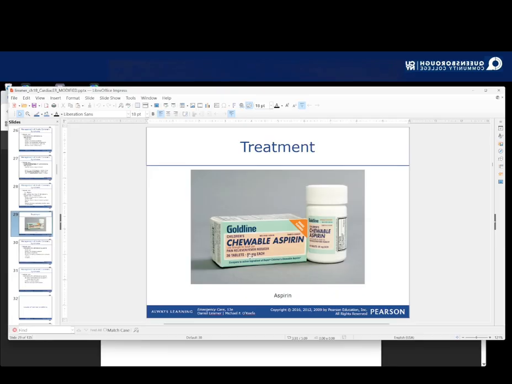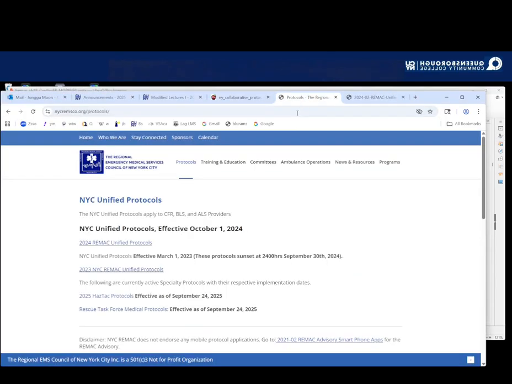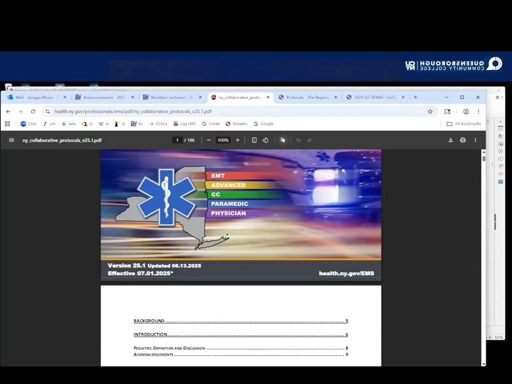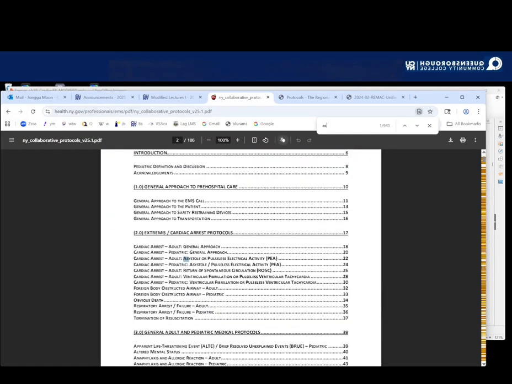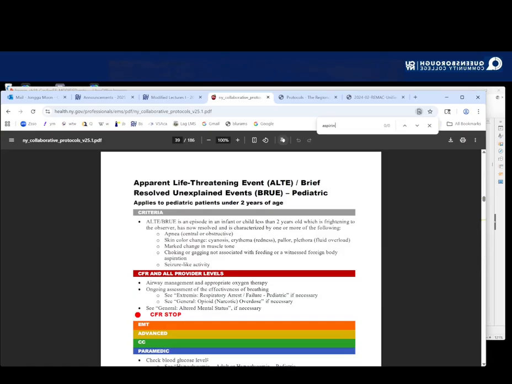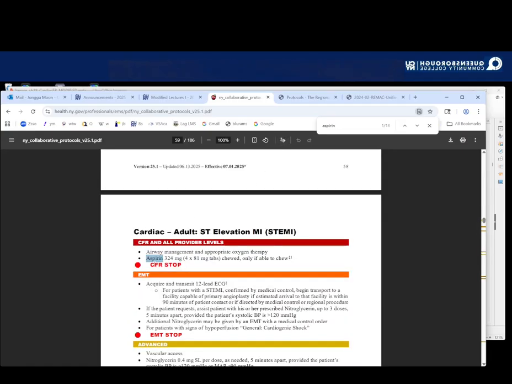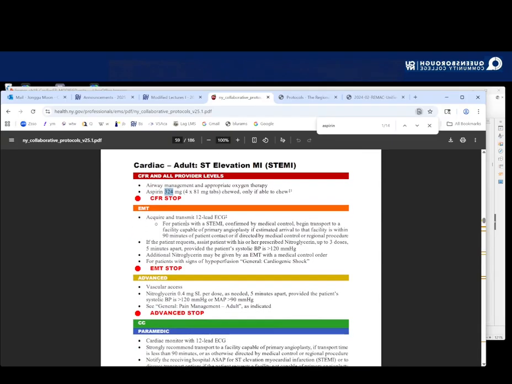So you're allowed to give up to 324 milligrams at a time of aspirin. So let's go back to the protocol here. This is the state protocol for aspirin. See, 324, which is for the little ones, and that's it. And remember, EMTs can do this.